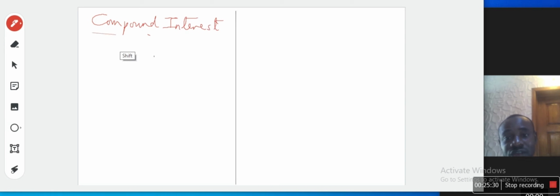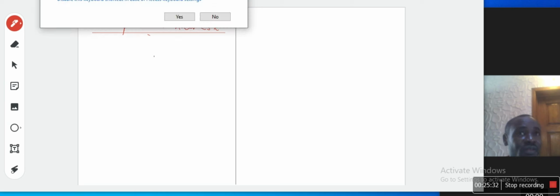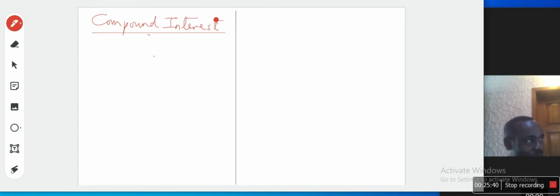In simple interest, are you listening to me? We don't have to keep increasing the amount borrowed every year. But in compound interest, the total amount changes every period.